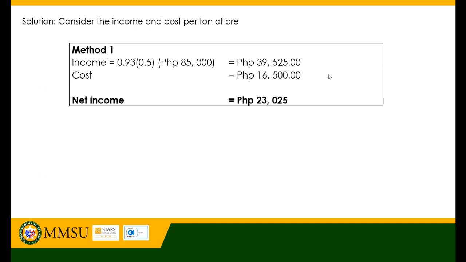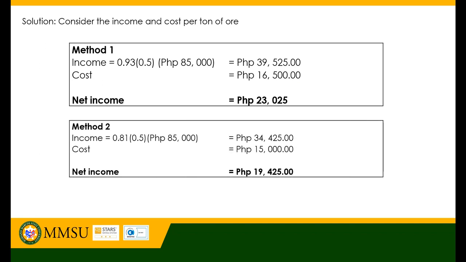Okay, that's not the net income, wala pa yung cost diyan. So yung cost ng pag-extract ng gold na yan is 16,500 sa method 1. So yung net income natin, subtract lang natin yung gross income and the cost o expenses natin. So that's 23,025 pesos.